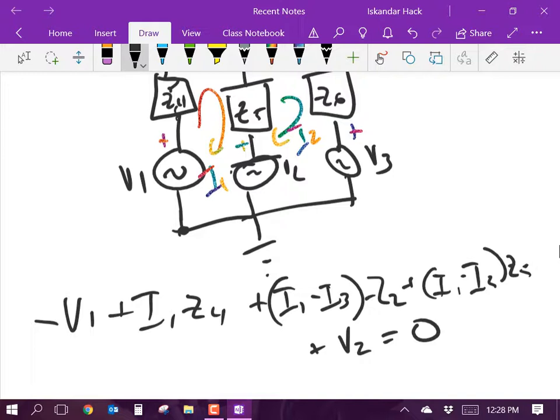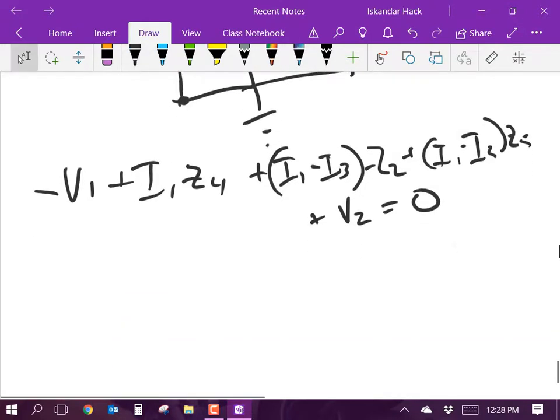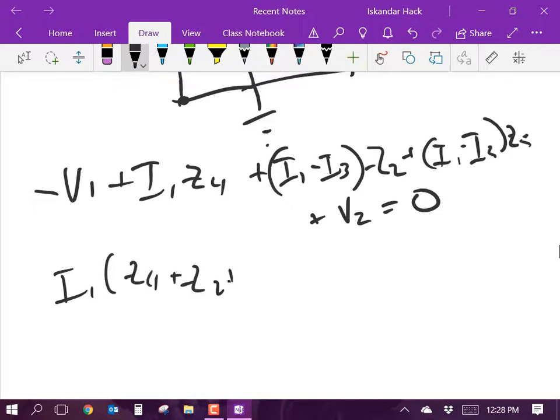But that's that. So we could rewrite this equation in the form I1 times (Z4 plus Z2 plus Z5) minus I2 times Z5 minus I3 times Z2 equals V1 minus V2.